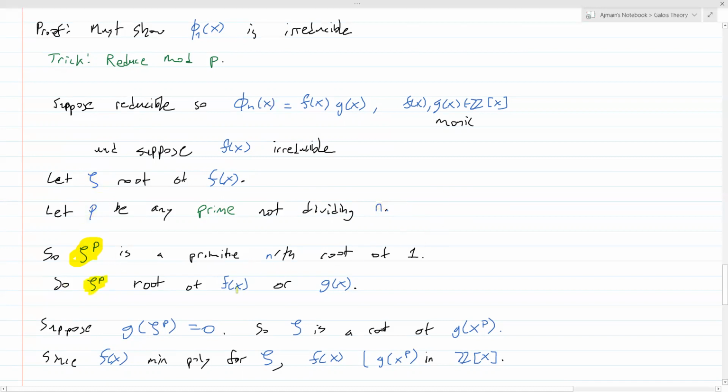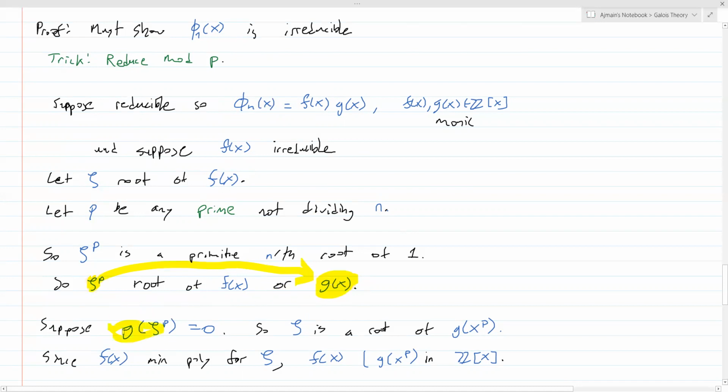So zeta to the p is a root of f of x or g of x, because phi n of x has all the primitive nth roots of unity as its roots. Since zeta to the p is a primitive nth root of unity, it's a root of one of the factors. Suppose it's a root of g of x; we're going to get a contradiction.